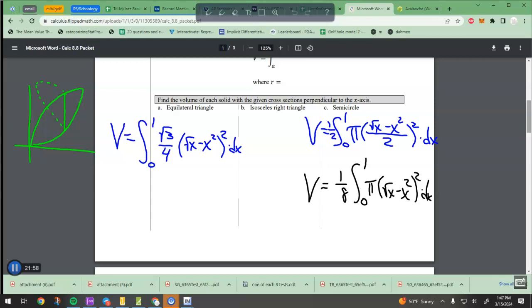So it's the diameter. But we want to know the radius, so that's just half of the diameter. That's all I'm doing. I'm saying you gave me diameter. I need the radius, so I'm cutting it in half, and then it's pi r squared. All right. Is that your first question?